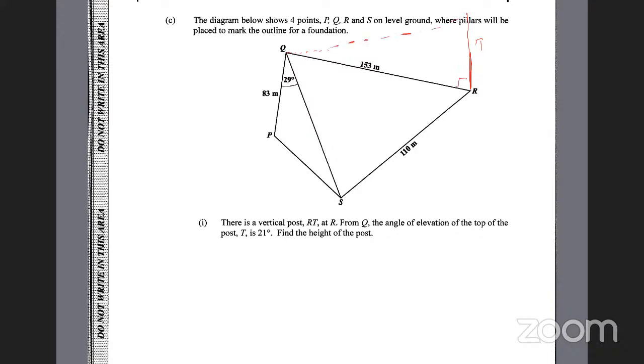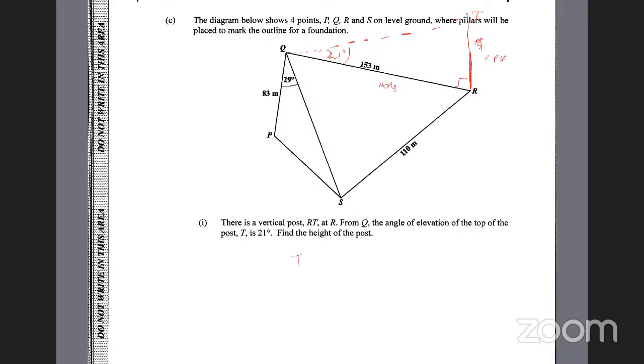From Q, the angle of elevation of the top of the post is 21 degrees, right? So remember now, it's all flat ground, and this pole up in the air, right? So the angle between Q, R, and T, the top here is T, that angle is 90 degrees. So you have a right angle triangle there, and you have adjacent, and they want you to find opposite.